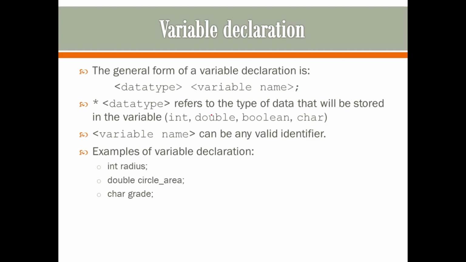Data type refers to the data type that will be stored in the variable. Like I mentioned before, we use integer, double, boolean, char, string. Variable name can be any valid identifier. This is how we write variable declarations.